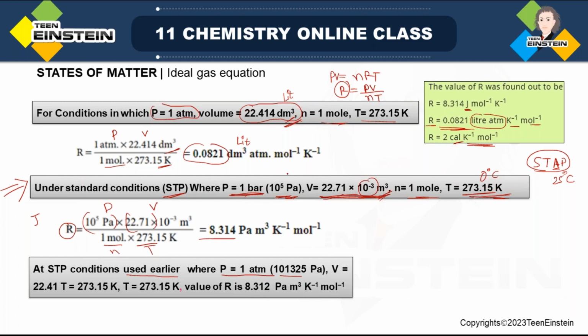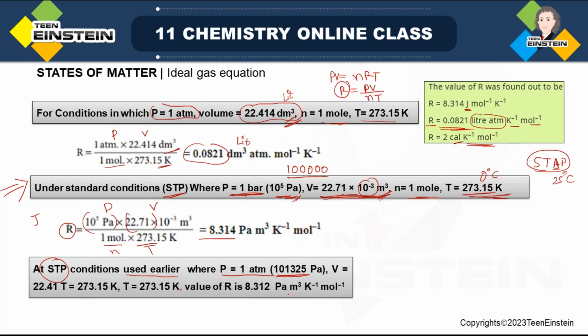Though 10 to the power 5 means what? 5 zeros, 6 digit. So here also it is 6 digit, but it is not exactly the same. So you can say it is slightly higher than the previous one. Previously it is 10 to the 5. Now it is 101325. Okay, so obviously it is greater. This is the only difference with the earlier concept of STP.